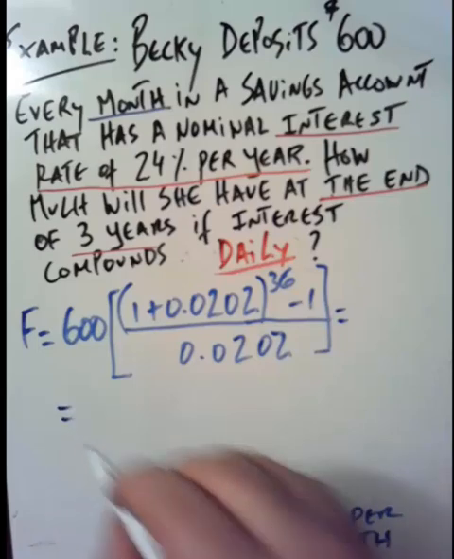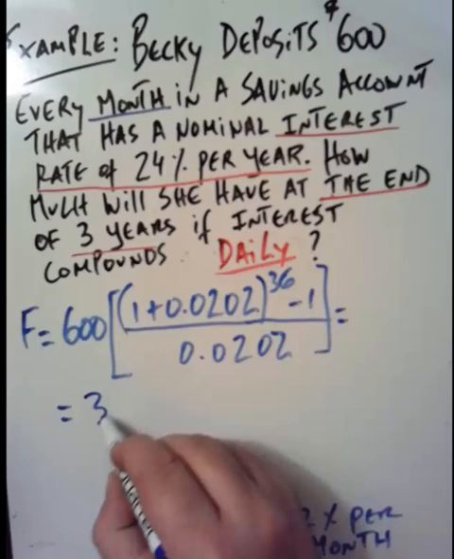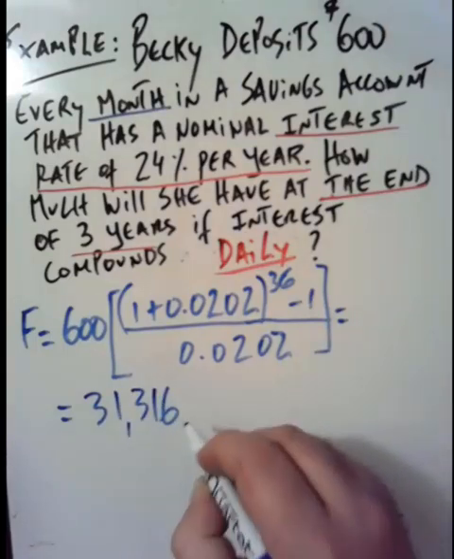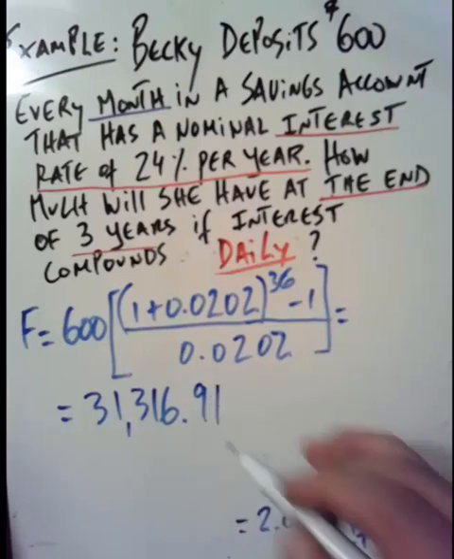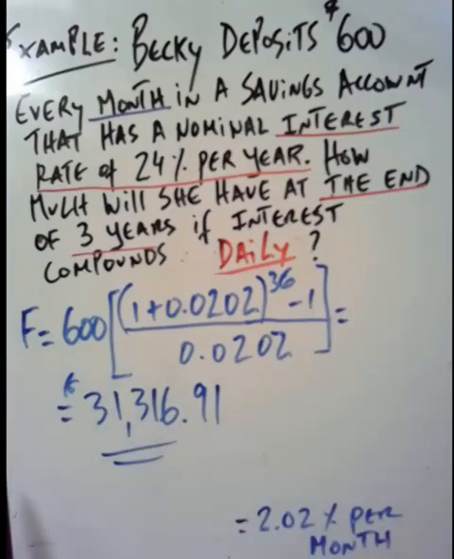And this will allow Becky to have $31,316.91. So slightly more than before.